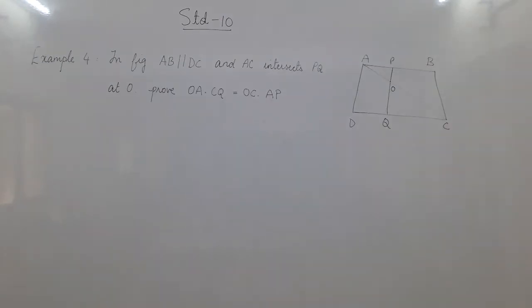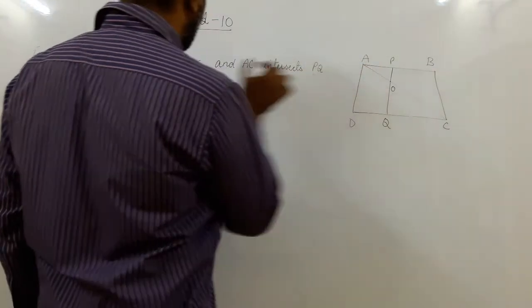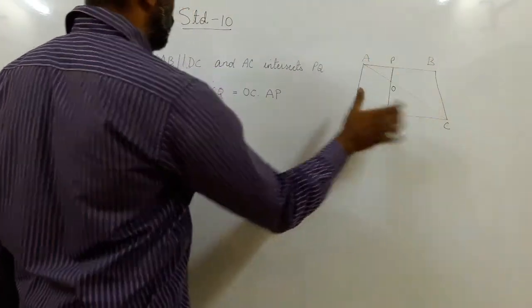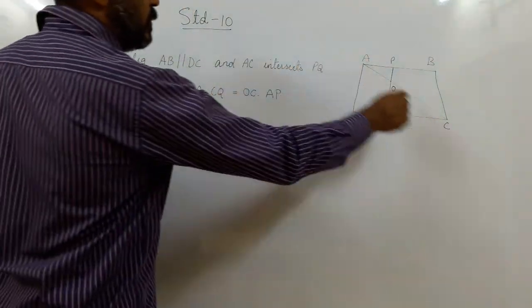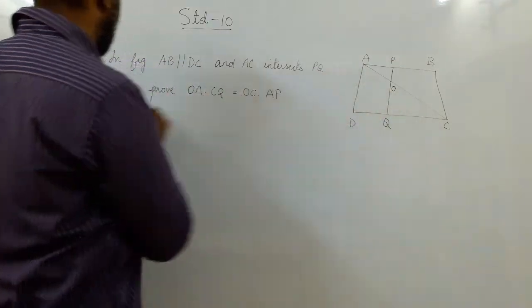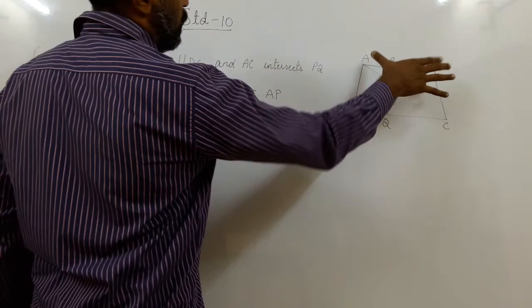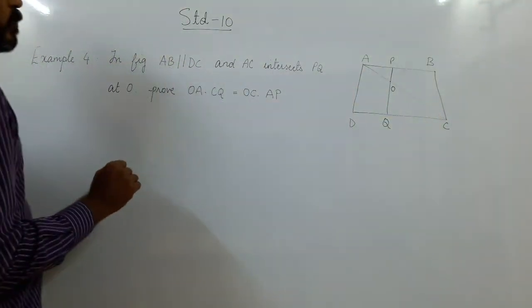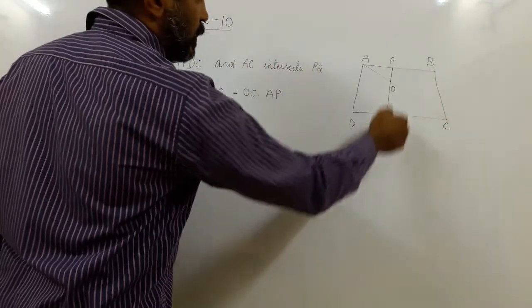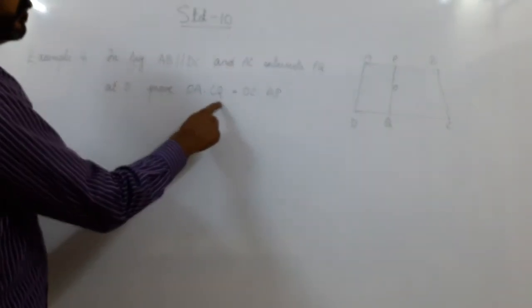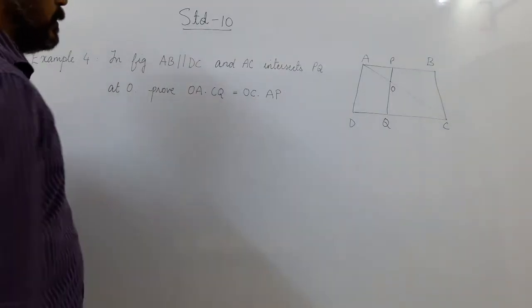The diagram is given on the board. In the figure, AB is parallel to DC, so AB is parallel to CD, and AC intersects PQ at O. So what we have got in the figure, AB is parallel to CD and AC intersects PQ at O, and we have to prove OA into CQ equal to OC into AP.